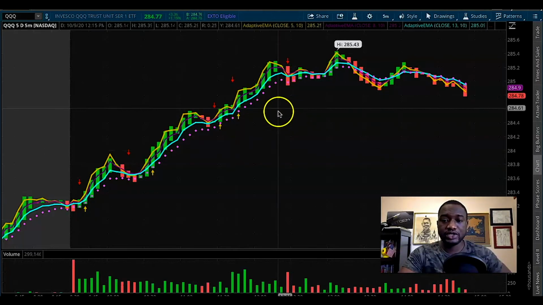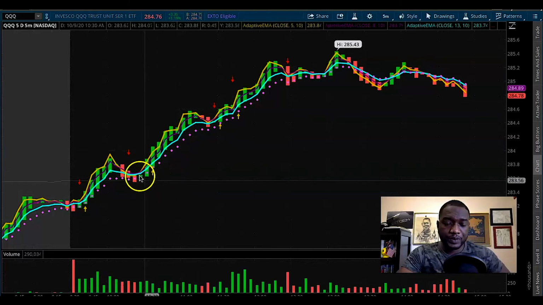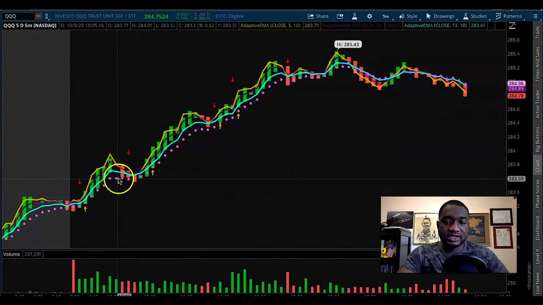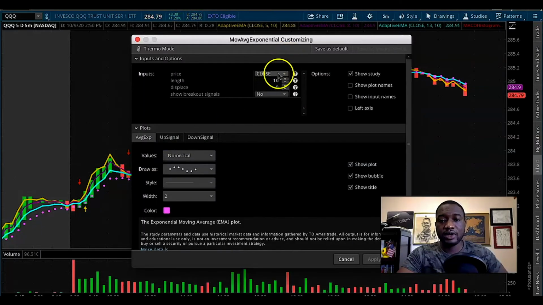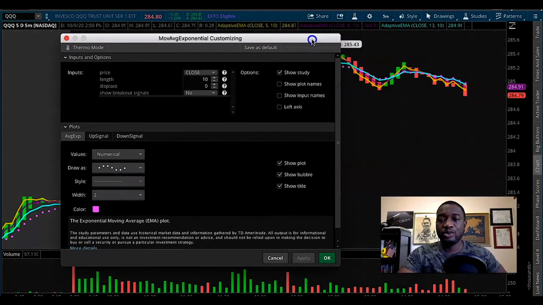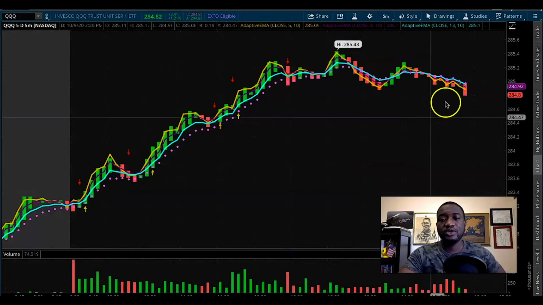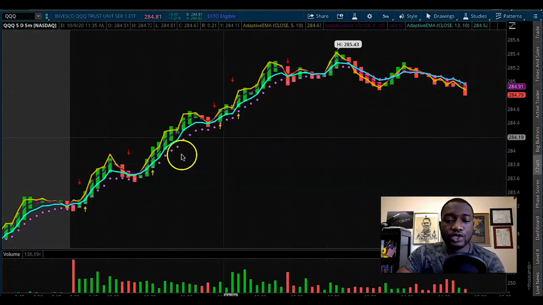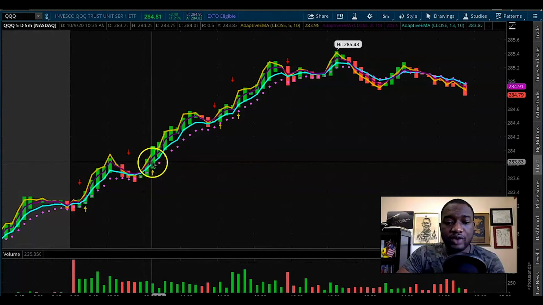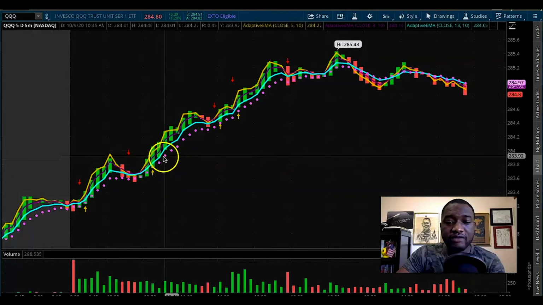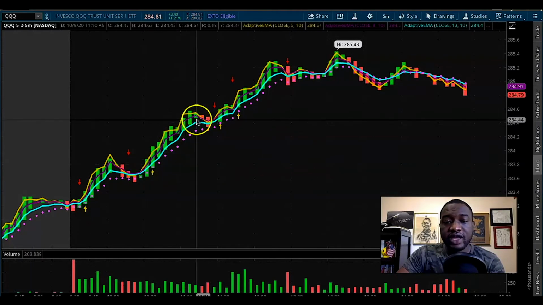So usually, this little line right here, that's the 10 period moving average, and it factors in the open and close prices for the last 10 candles each time. Usually when the stock price, which is the candle itself, is above the 10 moving average, it would usually signify a long position.